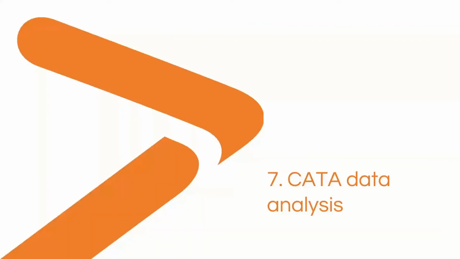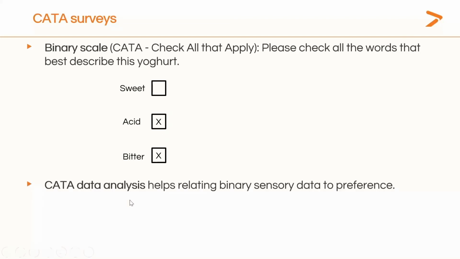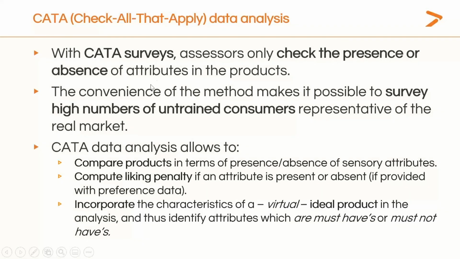Okay, now let us switch to the last feature I'm going to investigate here, the CATA data analysis feature. I remind you that a CATA survey is binary, so we ask the respondents to check all the words that best describe a certain product. And with CATA surveys, assessors only check the presence or absence of attributes in the products.